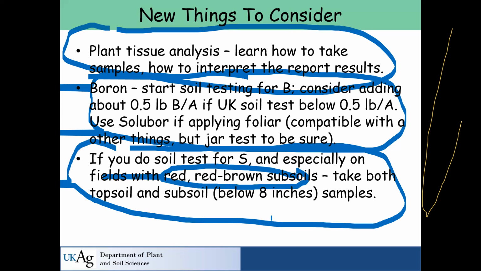We got responses to sulfur at Lexington. We didn't get them at Princeton. The only factor that relates to that is we had 10 pounds or less sulfate sulfur in the Lexington soils and 20 pounds of sulfate sulfur in the subsoil of the Princeton soils. They both have red or red-brown subsoils, but one was low in sulfur and one was higher.